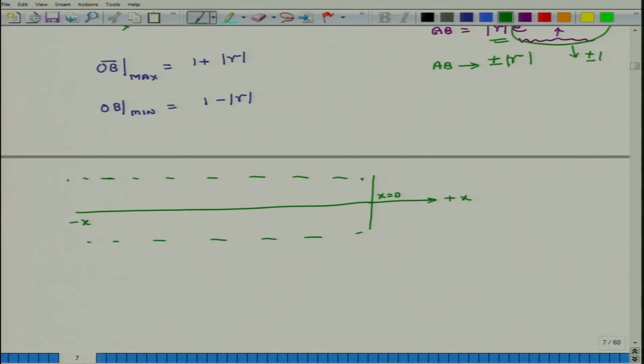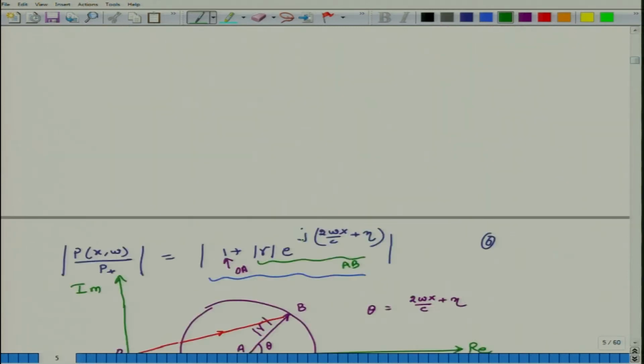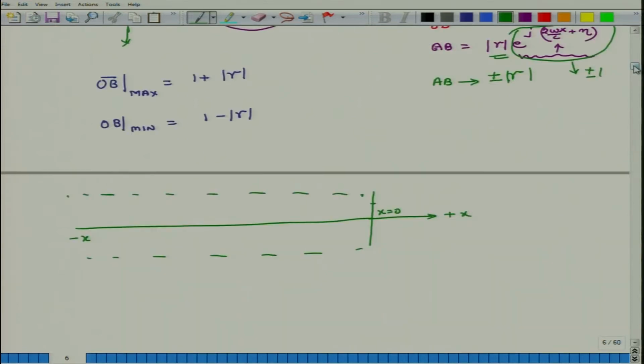At x equal to 0, OB will have some value, which will be 1 plus gamma times e to the power of j eta. If I plot its value, OB will fluctuate like this.